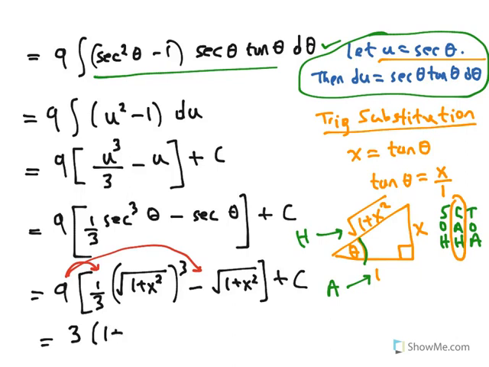One of the ways you could do that is write that as 1 plus x squared to the 1/2 for the square root, and raise that to the third power, power of a power, multiply the exponents, and you could write that as 3 over 2 for the exponent, minus 9 times the square root of 1 plus x squared, or 1 plus x squared to the 1/2, plus c. We are done with the problem because we have expressed our antiderivative in terms of our original variable of integration x.